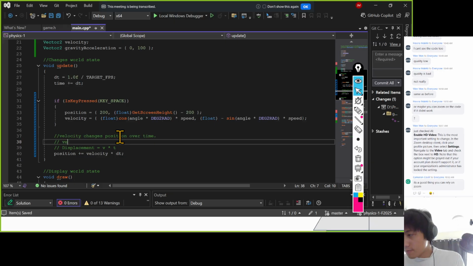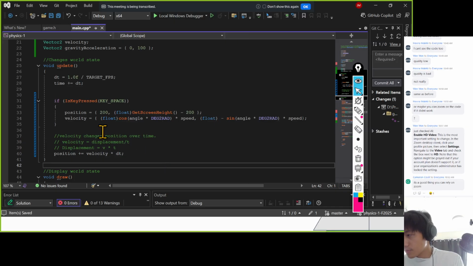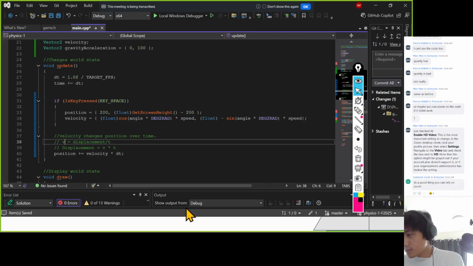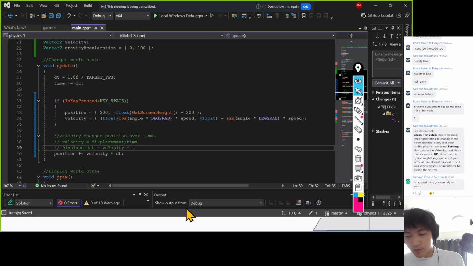If we recall, velocity is equal to displacement over time. Then if you just rearrange this equation, displacement is equal to velocity times time. That's change in position. Displacement is change in position.